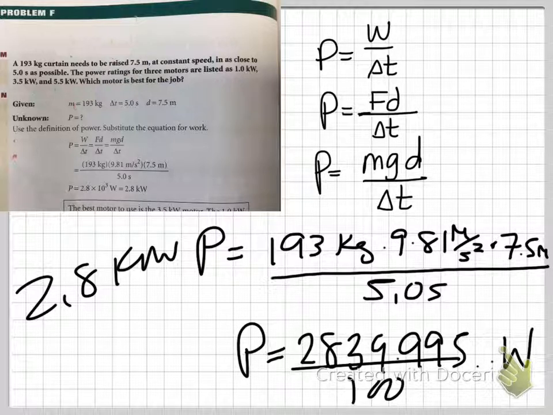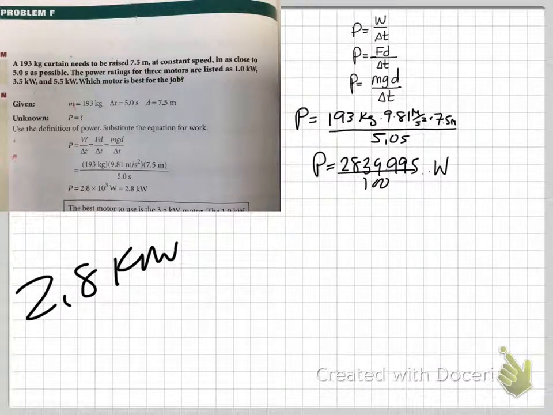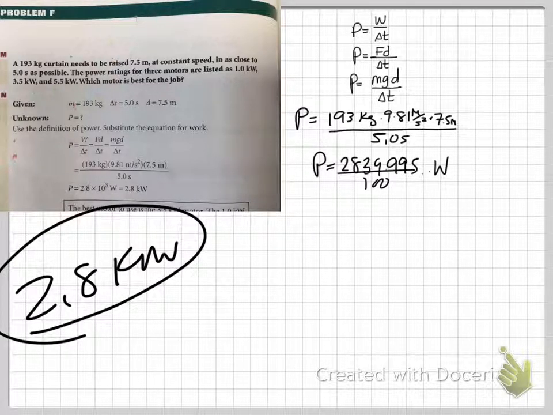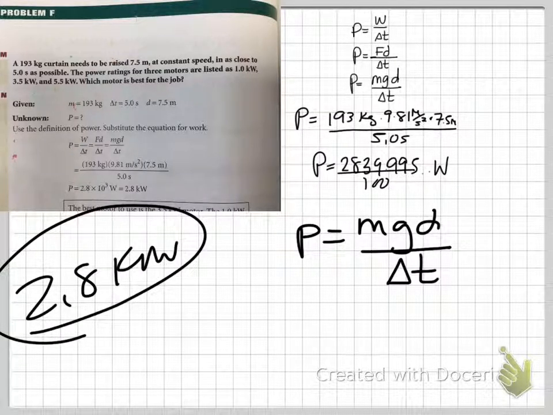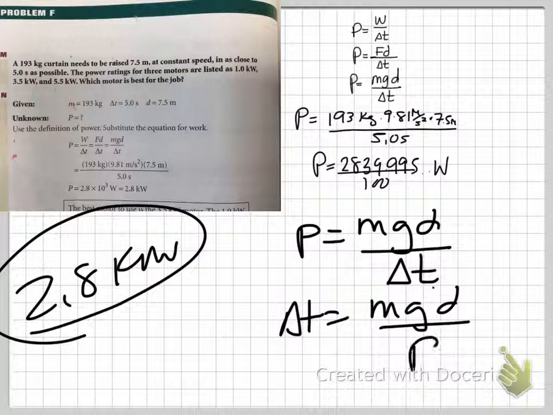So let's see what the time difference is between the 3.5 kilowatt motor and what would be our ideal motor, a 2.8. So let's see. Power equals mass, gravity, distance over time. In this case, what I want to solve for is time. So delta T equals mass, gravity, distance over power with my 3.5.